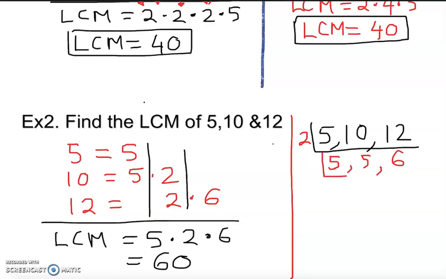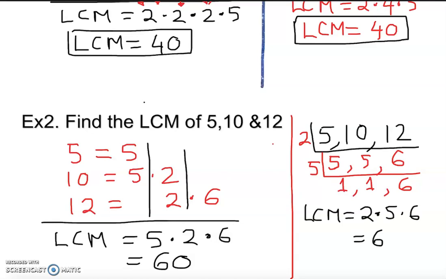Then I have to do one more because there is still a common number. What is common? 5. So 5 goes into 5 one time, 5 goes into 5 one time, and 6 doesn't go. That's it, done. There is no other common number here. LCM is equal to 2 times 5 times 6, which is 60.